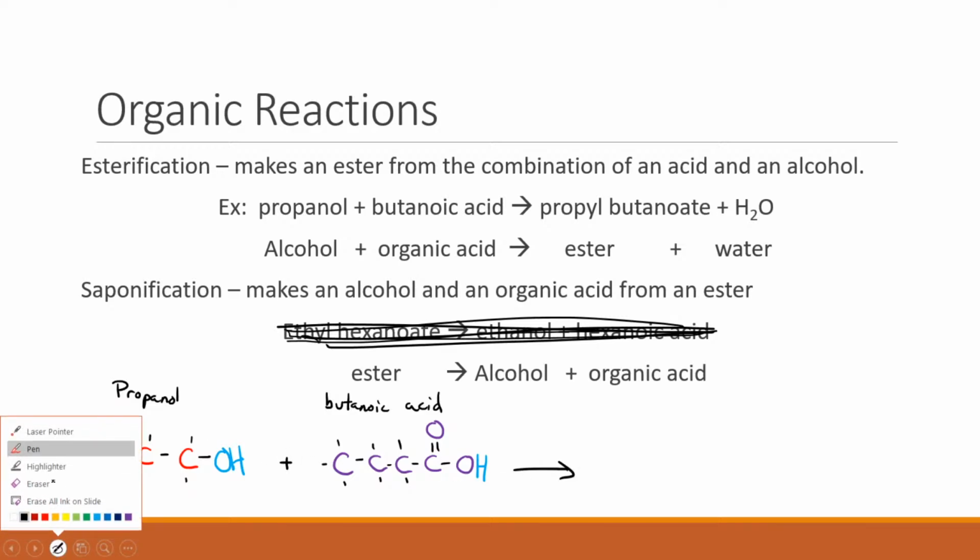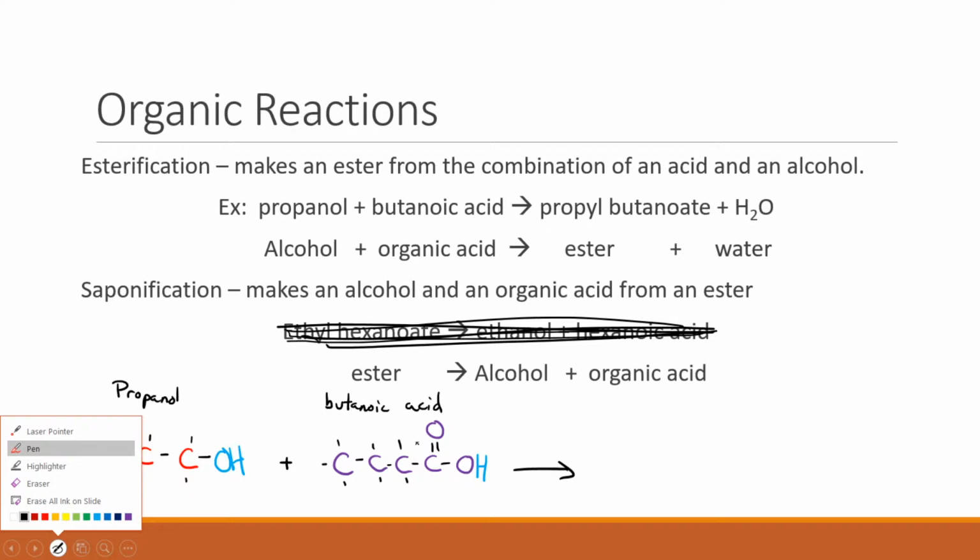And what's going to happen is that when we redraw our pieces here, why does the propane attach to the right side instead of the left? Oh, that's just the way I have it drawn.